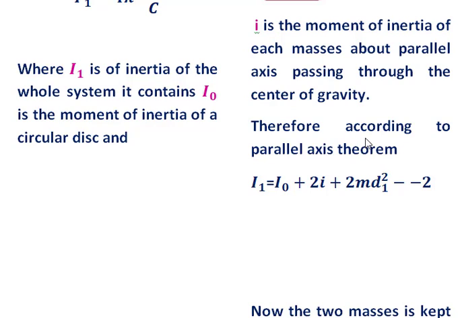So according to the parallel axis theorem, the moment of inertia of the whole system I1 is equal to I0 plus 2 small I plus 2 small m d1 square. It is taken as equation 2.